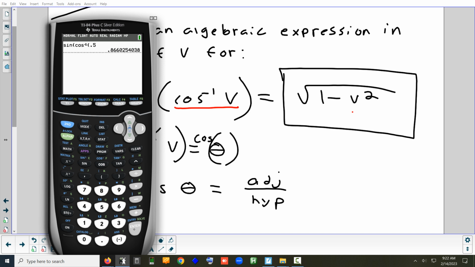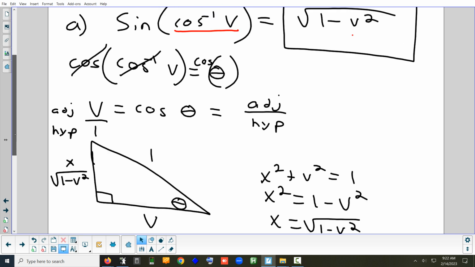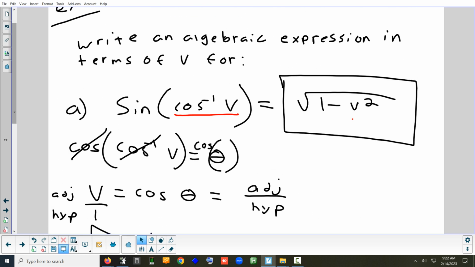Now plug 0.5 in over here and see if you get the same thing. The square root of 1 minus 0.5 squared. I just filled in 0.5, a random number to check. 0.866. So that shows you, it doesn't prove it. The algebra proves it. But that's an example showing you that this formula will give you the exact same result as that formula. What's the difference? This one has trig. This one does not.